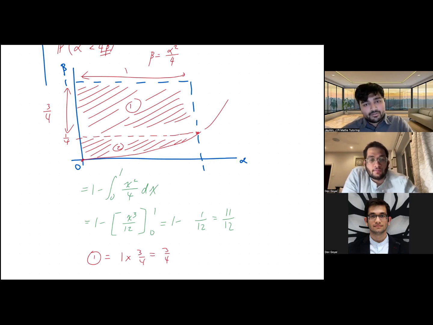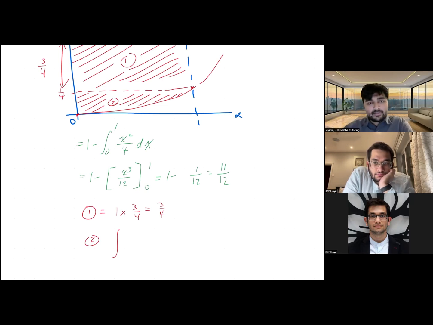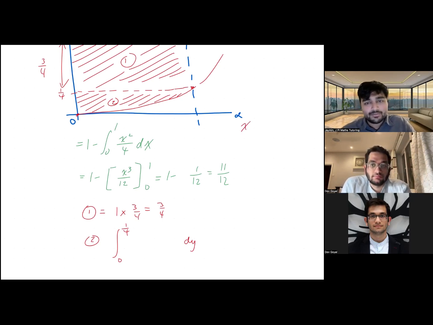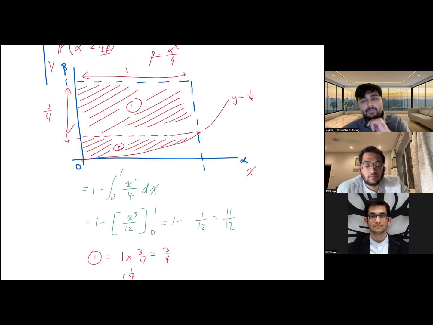So we're doing an integral. What are the limits of the integral? Well, firstly it's going to be the y limit: the integral from y is 0 to y is a quarter of something dy. I want to think about what this graph actually is. If I swap this to x and y, so alpha is x and beta is y, here is the graph of y equals 1/4 x squared.